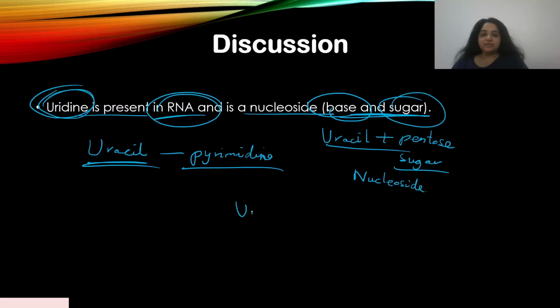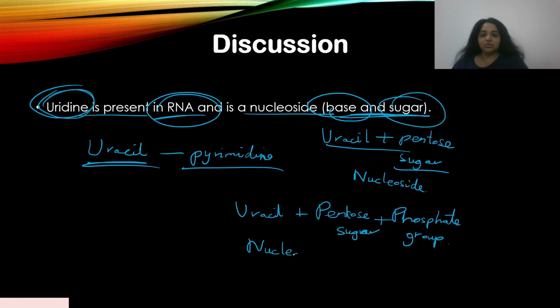Now if uracil plus pentose sugar plus the phosphate group is attached to it, then what will happen? That means it's a nucleotide. Okay, so uracil plus pentose sugar plus the phosphate group attached together forms a nucleotide.